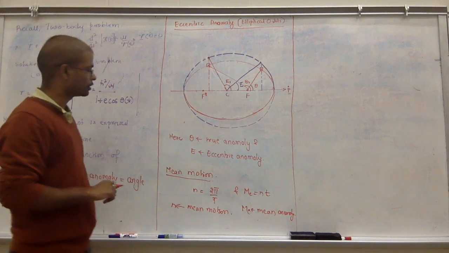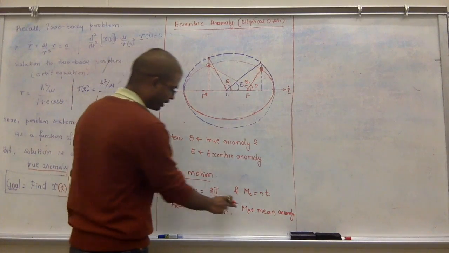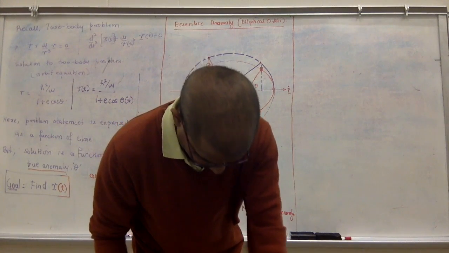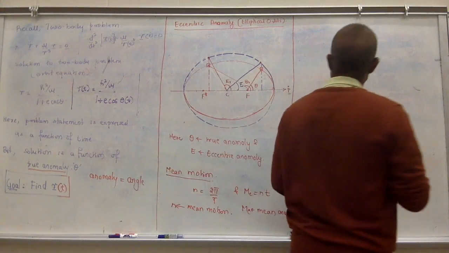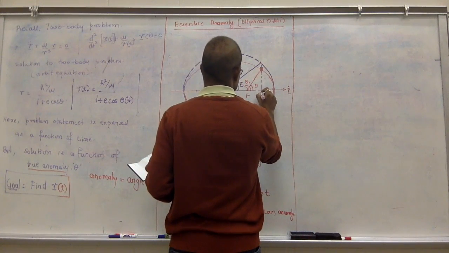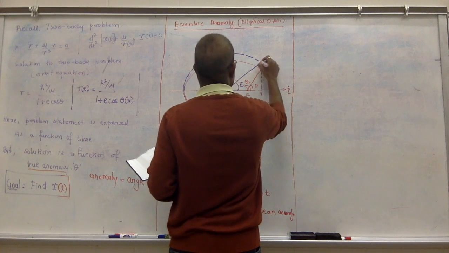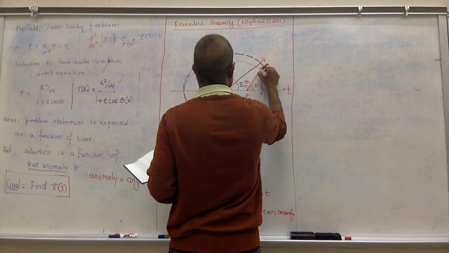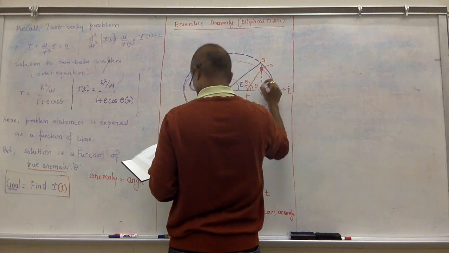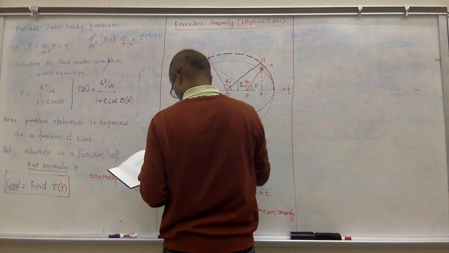So you're seeing three angles: true anomaly, eccentric anomaly, and mean anomaly. We'll name these: this point is Q, this point is S, and we have E, theta, and O.